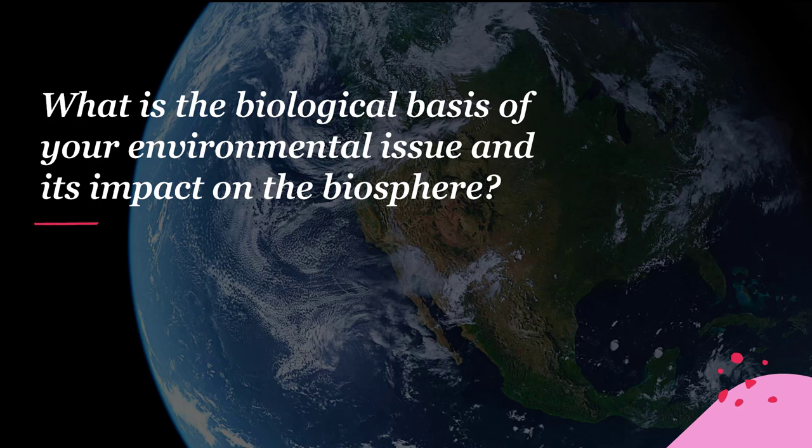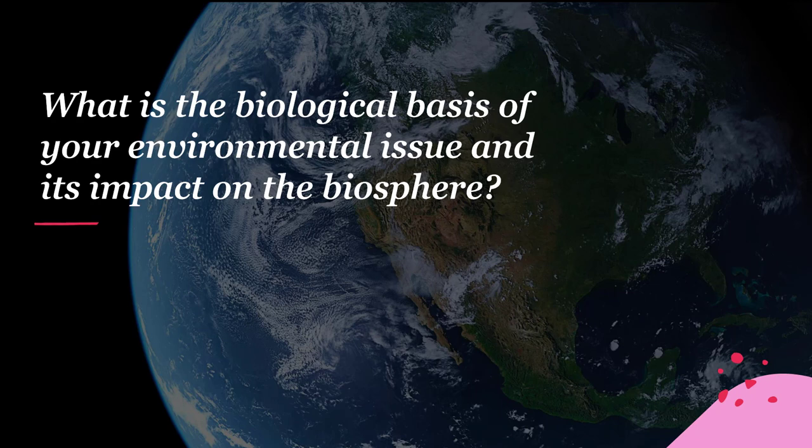So there is a biological basis for each one of these topics. So do make sure that you are thinking about what is the biological background of your particular environmental issue, and describe it. And then what is the impact of your environmental issue on the biosphere itself, the entire Earth?